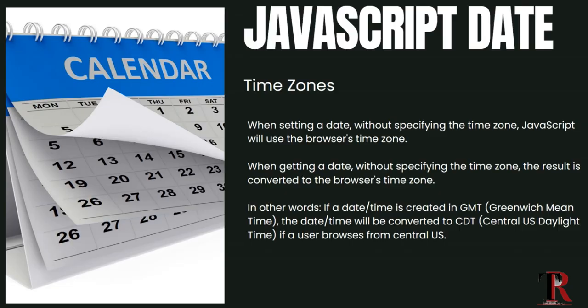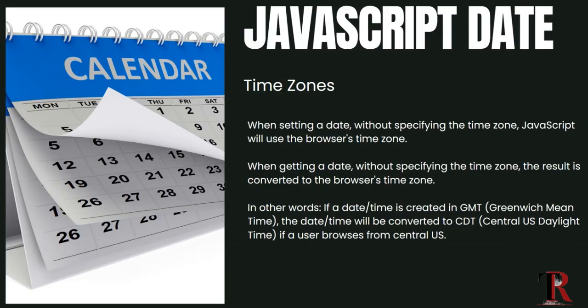So if a user is from Central US and you created a date in GMT, if the time zones are not the same, the browser of the person in Central US is going to determine the output of the date that he or she will get, based on the time zone of the location where the person is present.